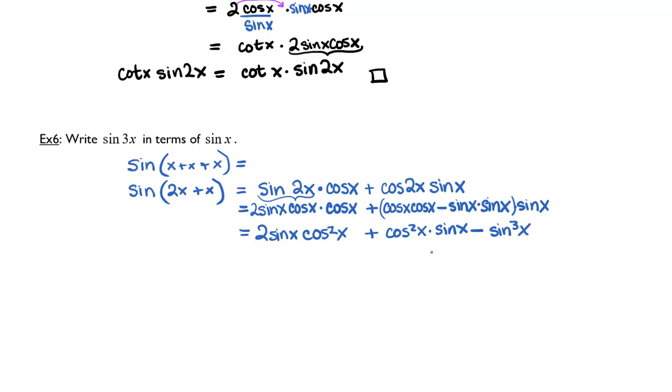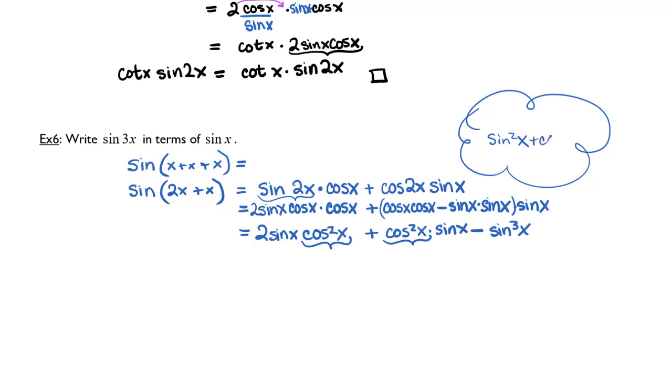So now we need to see if we can get rid of any of these cosines. We have cosine squared x in 2 places, and we're supposed to write this only in terms of sine. So if we look at our Pythagorean identity, remember sine squared x plus cosine squared x equals 1.